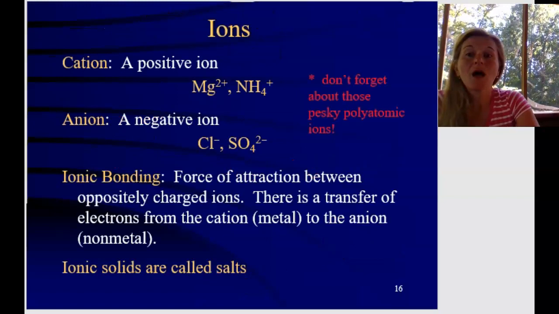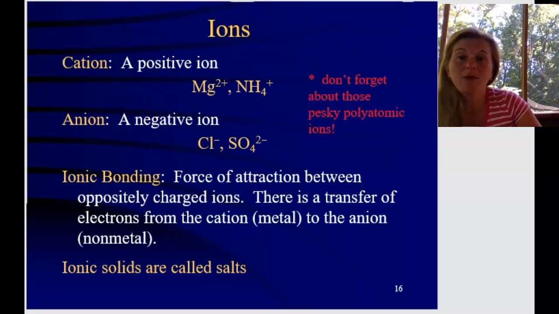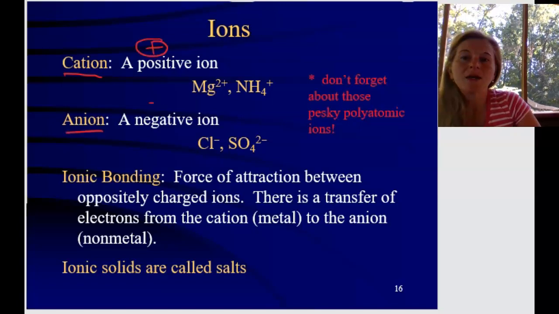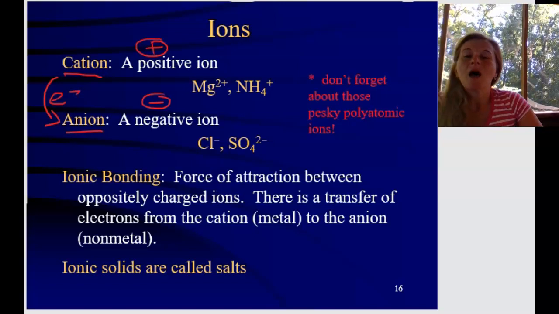Okay, ions. Ions are when we're going to have ionic bonding going on. We already covered cation is going to be positive. Anion is going to be negative. This is because the cation is giving anions electrons. Ionic bonding is the attraction between these atoms because one has transferred an electron to another.